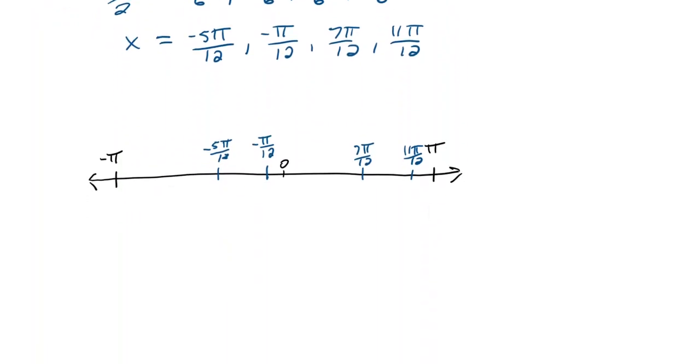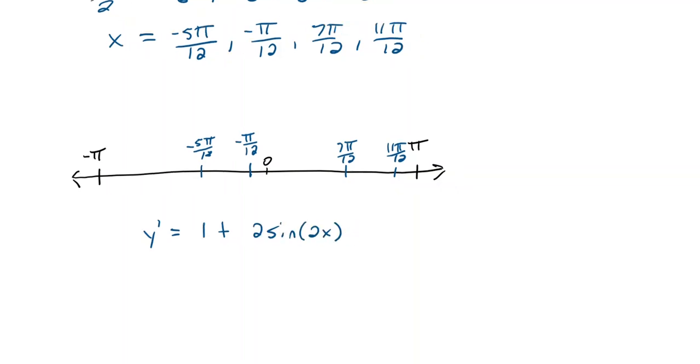So, just for reference, y prime is 1 plus 2 sine 2x. If we throw in negative pi over 2 for x, let's actually just do it. I'll show you. We would get 1 plus 2 sine, and this would be 2 times negative pi over 2.